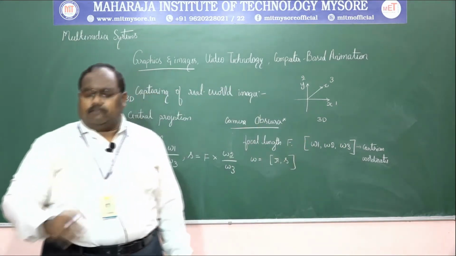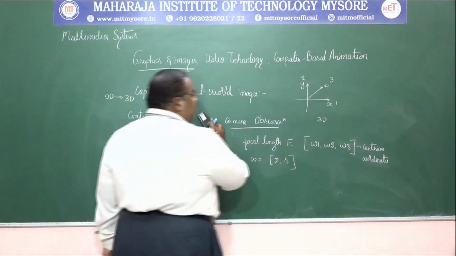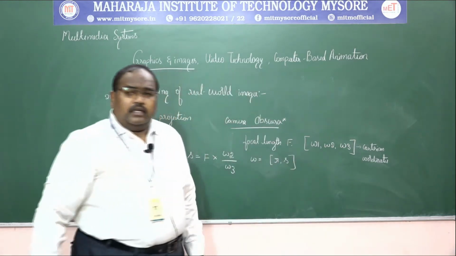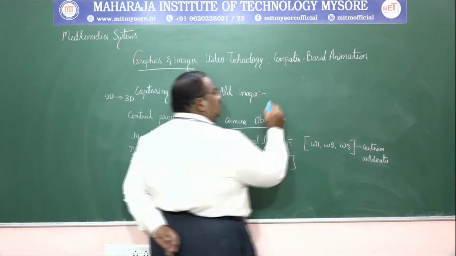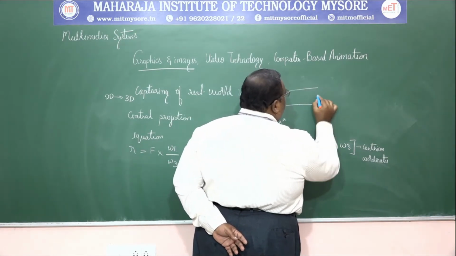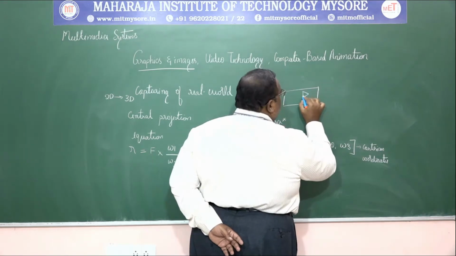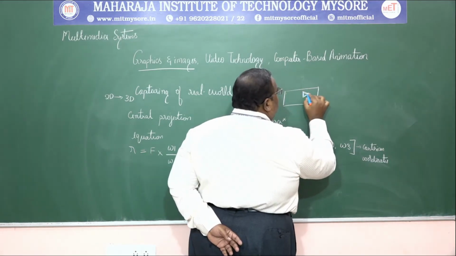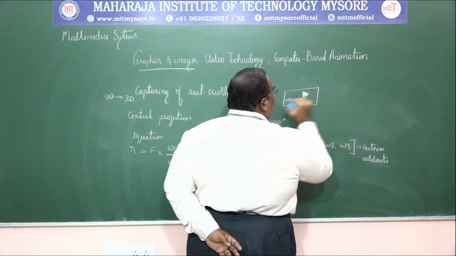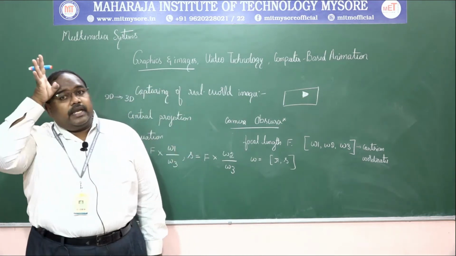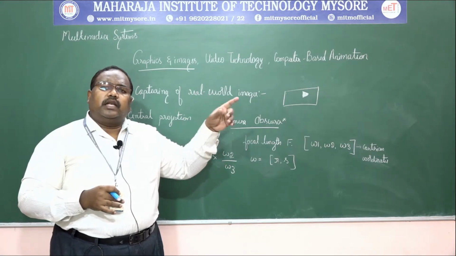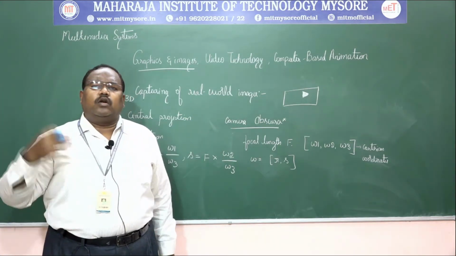Let us look into the diagram so that the explanation becomes easy. I'll draw the diagram. Now look at this. This triangle is an object, an image present in the frame. What is the main intention? I want this object to be displayed through the lens on the opposite side of the wall or a screen.